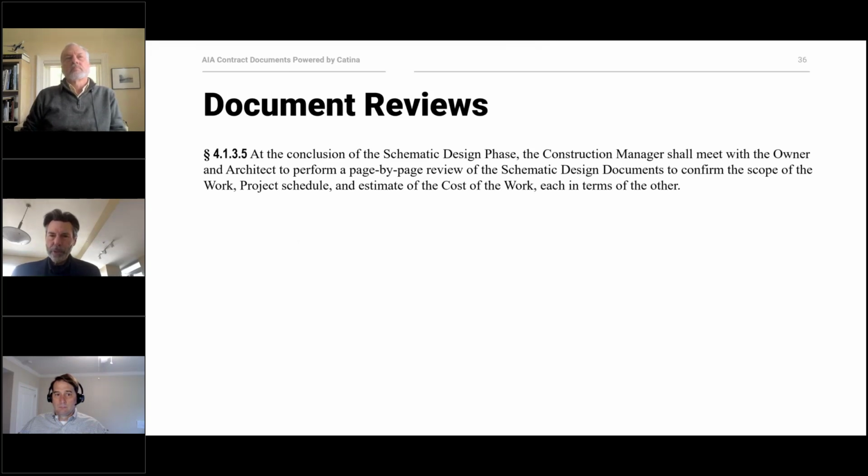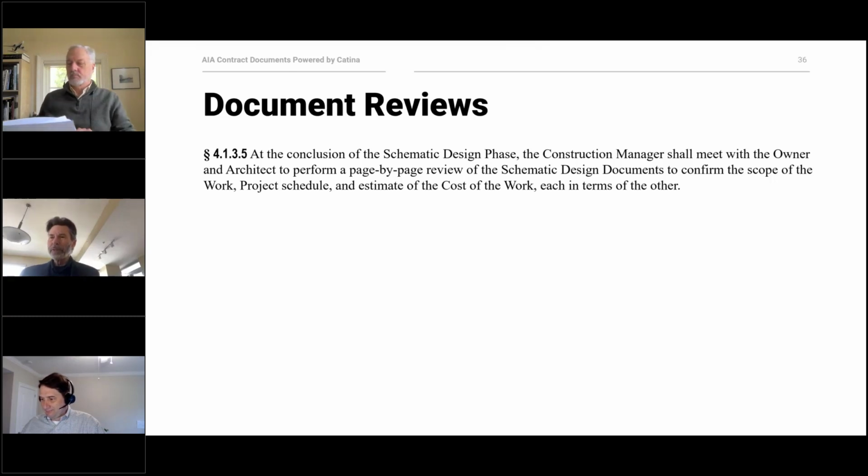This is that page by page review process, and the committee was quite adamant about setting forth a process whereby everyone gets into a room or whatever. These days you don't have to actually get in the same room anymore.